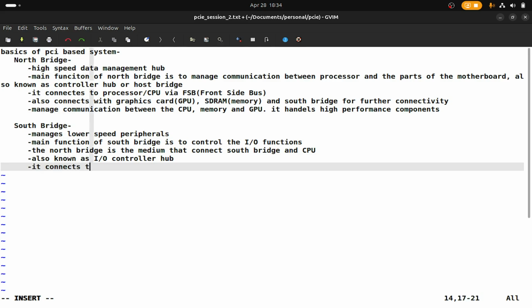It connects to IDE devices like HDD, hard disk, or CD, USB ports, ISA bus, Ethernet, and SCSI controllers.